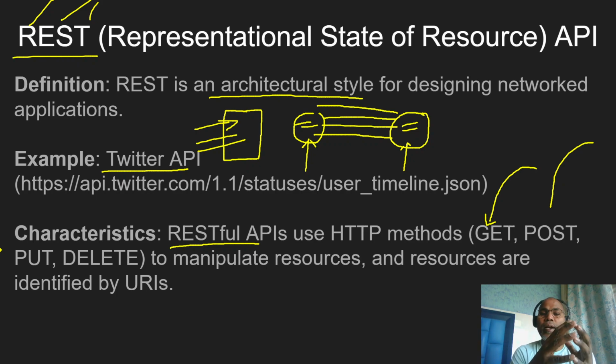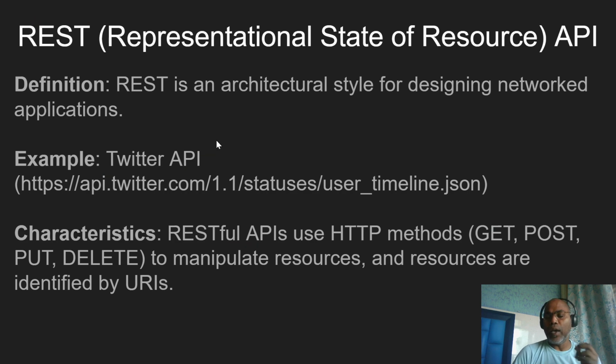Post means the client wants to save data on the server, and maybe some delete requests. So you have to define specific methods for the REST API. REST is the most popular API design approach nowadays. Many microservice applications use REST architecture style to design their APIs.